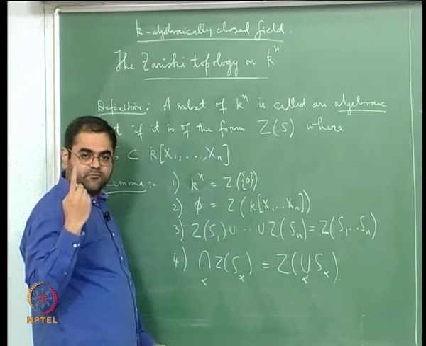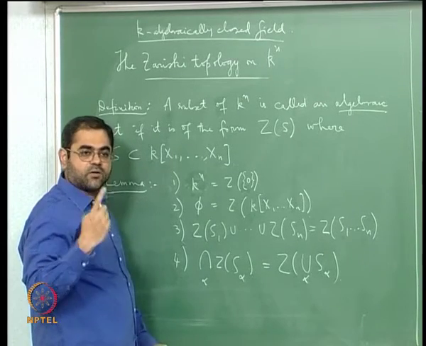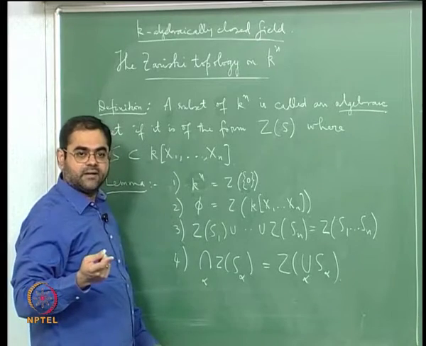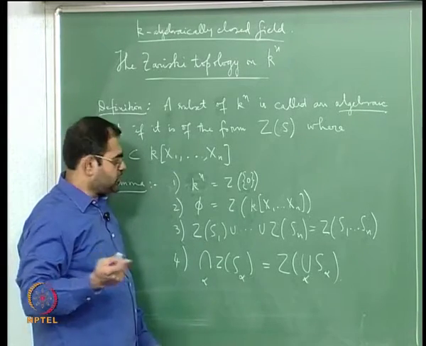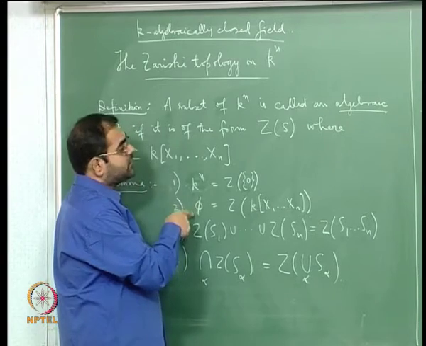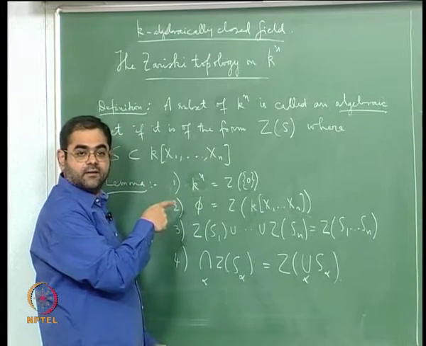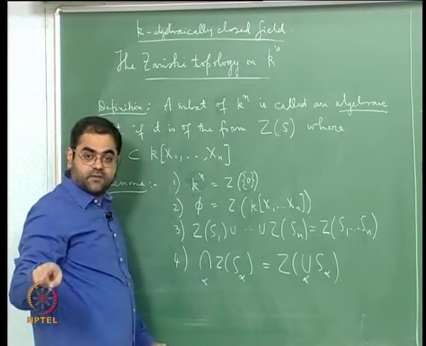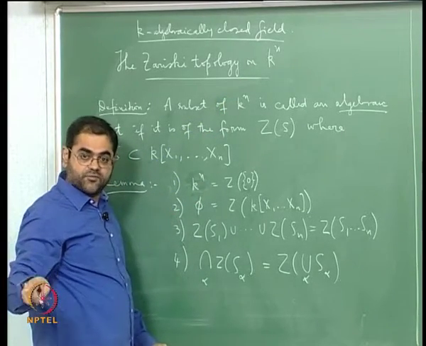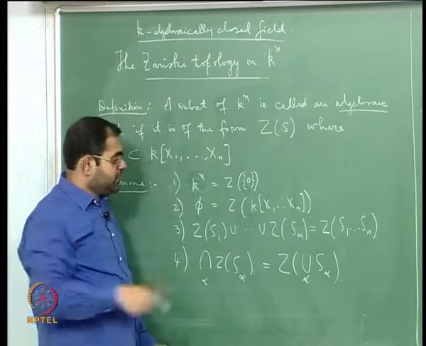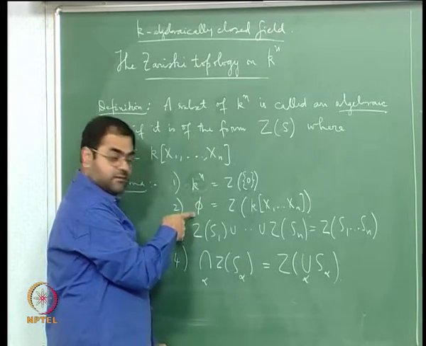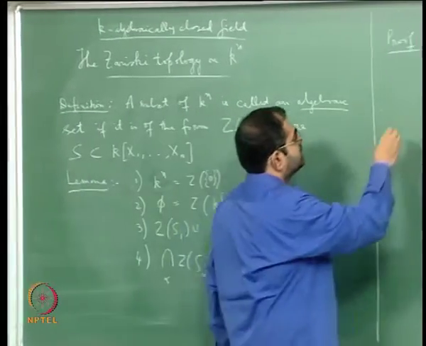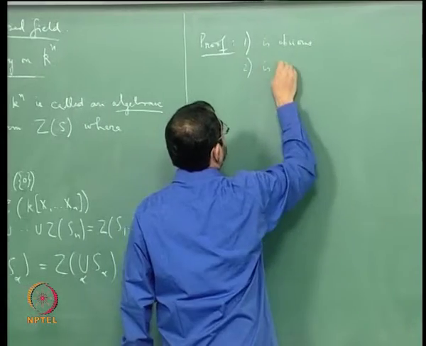For example, you take the polynomial 1, think of 1 as a constant polynomial, it always has the constant value 1, so it is never going to take the value 0. So there is not going to be a single point in this Cartesian product which, if you substitute it, is going to give you the value 0, because the value is always non-zero and it is a constant. Therefore this set turns out to be empty. And look at the third one. So 2 is also obvious.